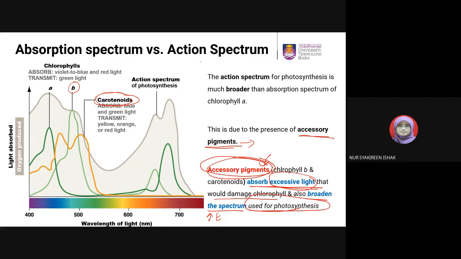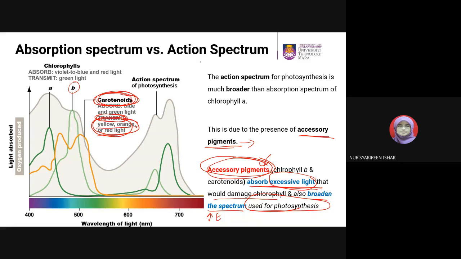Okay. So if you look at the graph for carotenoids, carotenoids are pigments that are orange, yellow, or red. If the plant contains carotenoids, they will appear in this color, yellow, orange, or red, because this light will not be absorbed, it will be reflected and also transmitted.